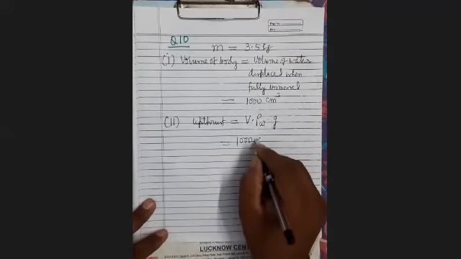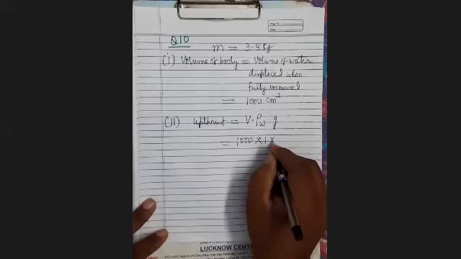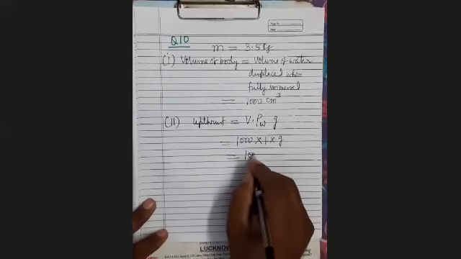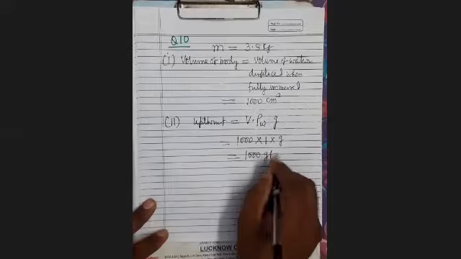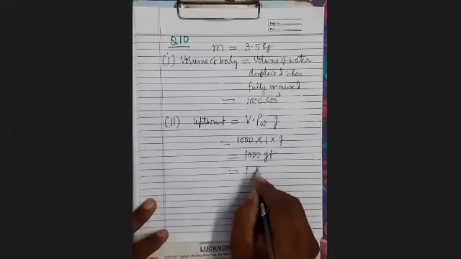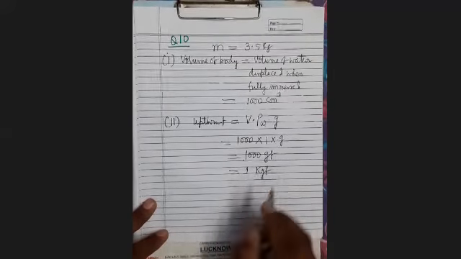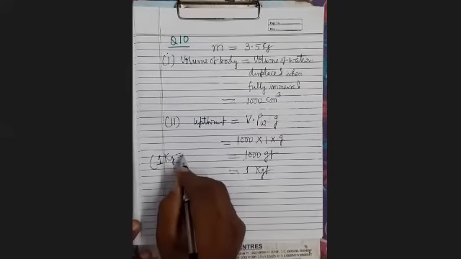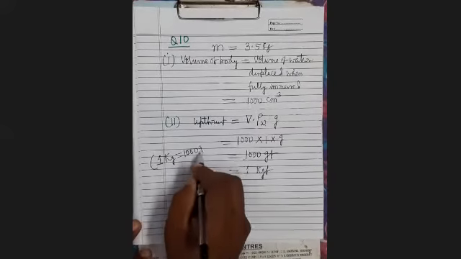So 1 gram per centimeter cube into g. Remove the g. So it will be 1000 gram force. And 1000 gram force you can write 1 kilogram force. Why we will write 1 kilogram force? Because 1 kg equals to 1000 gram. It's clear this.